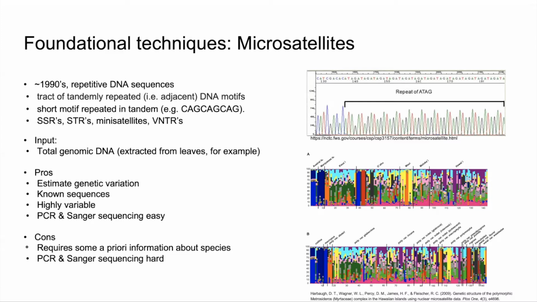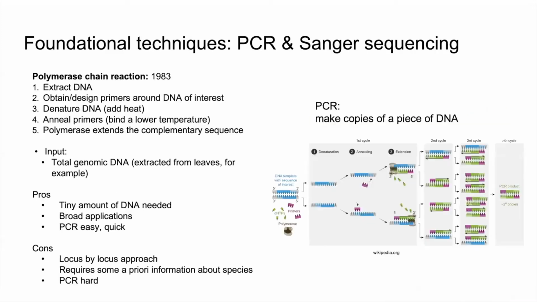This method also does require some a priori information about species so that you can find these satellites or these repeated pieces of DNA across all of your samples and amplify and use the same orthologous loci across all of your samples.